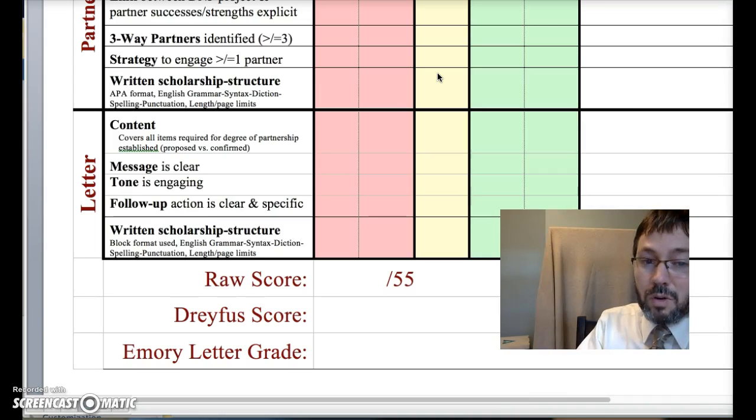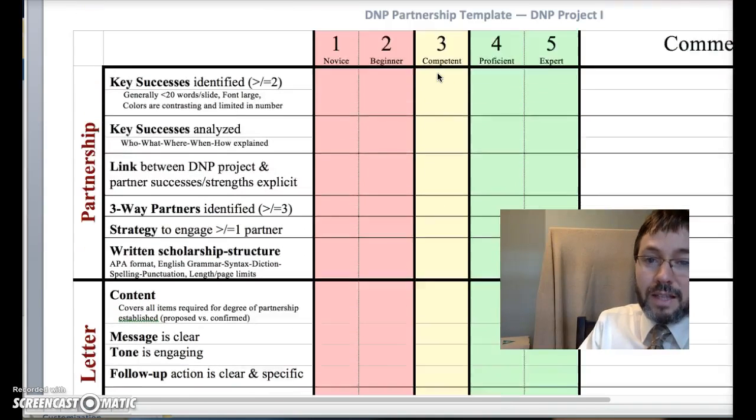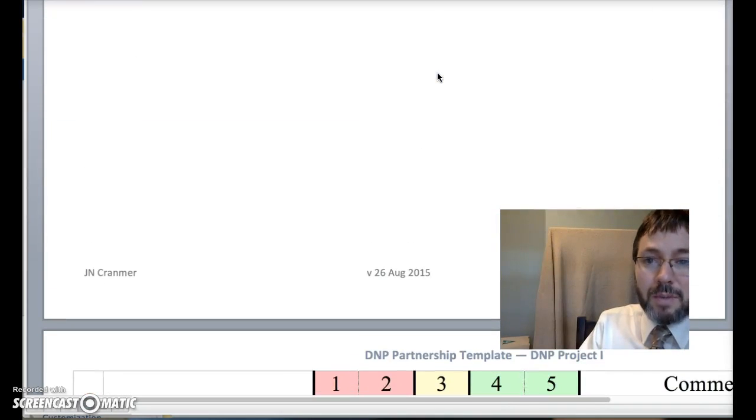So that raw score, 11 items, gives you a raw score of 55. That 55 is then converted to a Dreyfus score, and that Dreyfus score is then converted to an Emory letter grade using the spreadsheet attached on Blackboard.